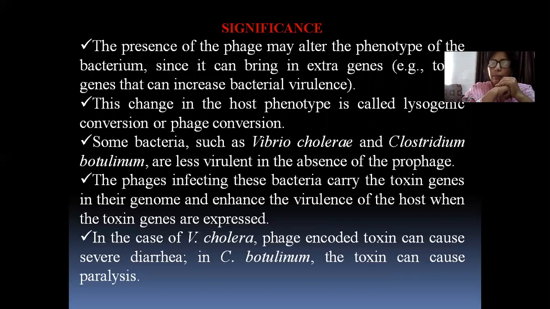For example, some toxin genes can increase the bacterial virulence. This change in the host phenotype is called lysogenic conversion or phage conversion.